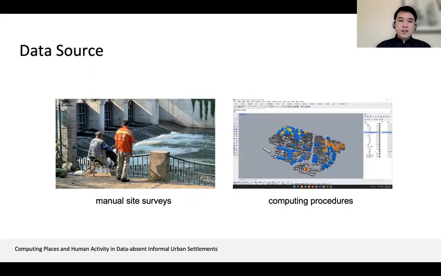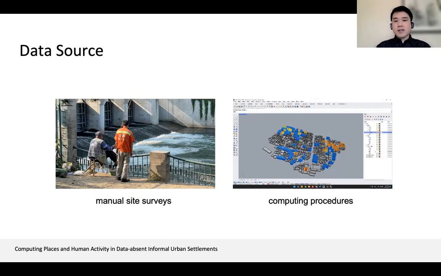As you can see here, some of the data are collected from the manual site survey. The students actually go on the site and document their observations, involving people or the physical objects in the environment. On the other hand, such information will be transferred into the digitized version through a computing procedure.